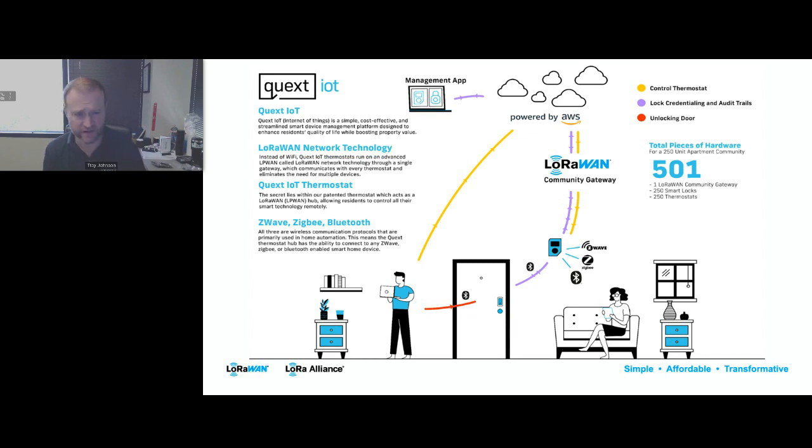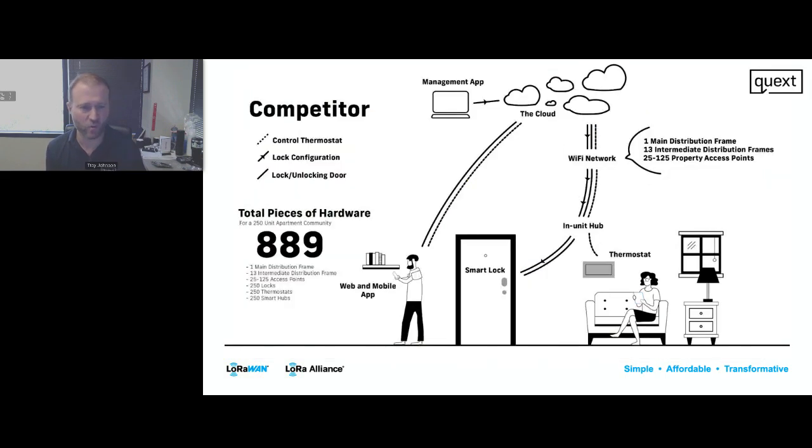For a typical United States apartment community that has around 250 apartments, that would be 501 devices needed to service the community. It sounds like a lot, but a traditional Wi-Fi based approach for a similar apartment community would have to use around 890 pieces of hardware.